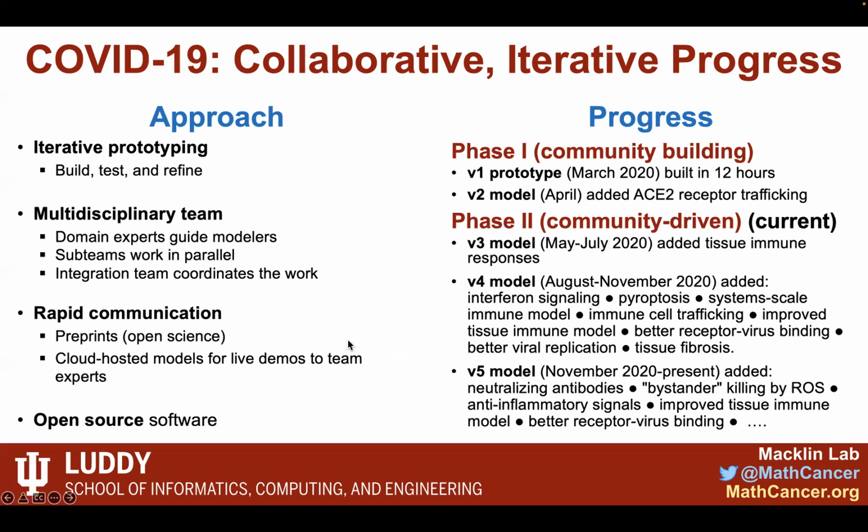And then gradually adding in more and more complexity to start more comprehensively modeling both the innate and adaptive immune responses, adding things like interferon signaling, the pro-inflammatory markers, macrophage polarization, immune cell trafficking between the locally infected tissue and the lymph nodes, and then T cell expansion and antibody production in the lymph nodes coming back into the tissues.